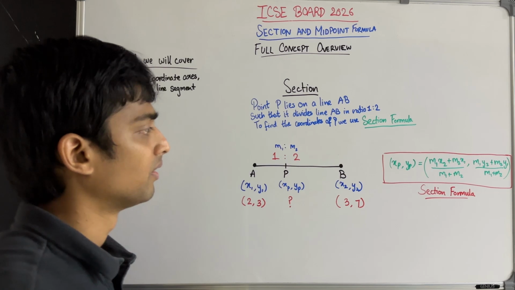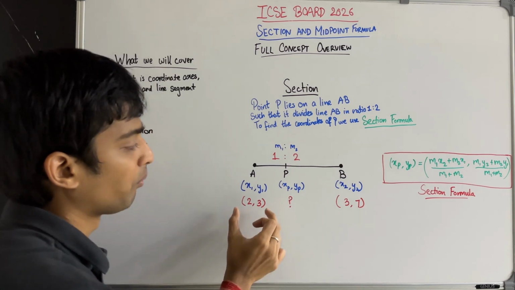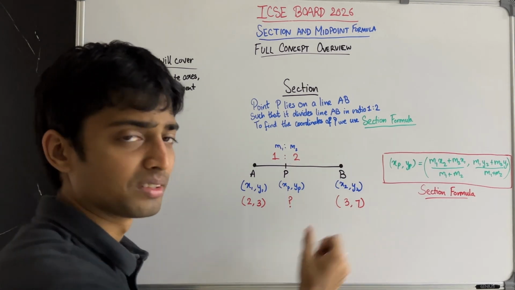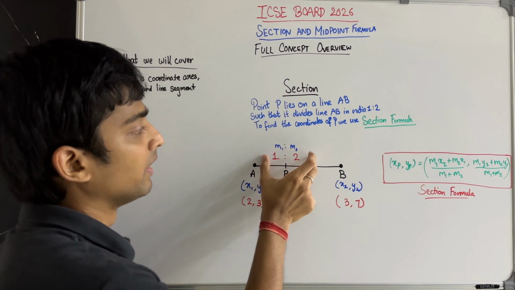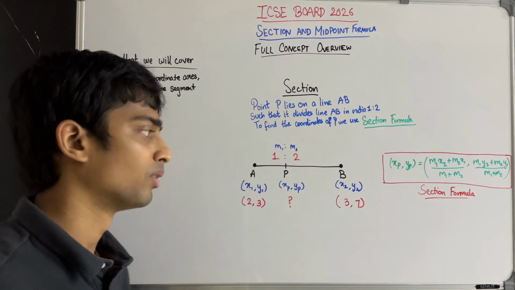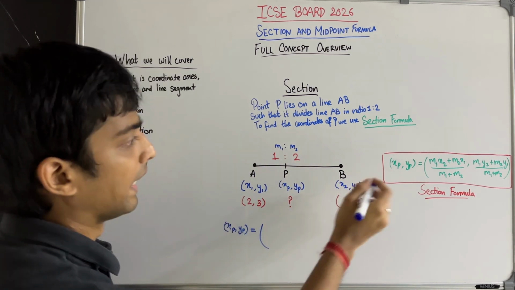Now let's solve an example. Let's say point A is 2, 3, point B is 3, 7 and it divides in the ratio of 1:2. So let's find the coordinates of P. M1, x2.